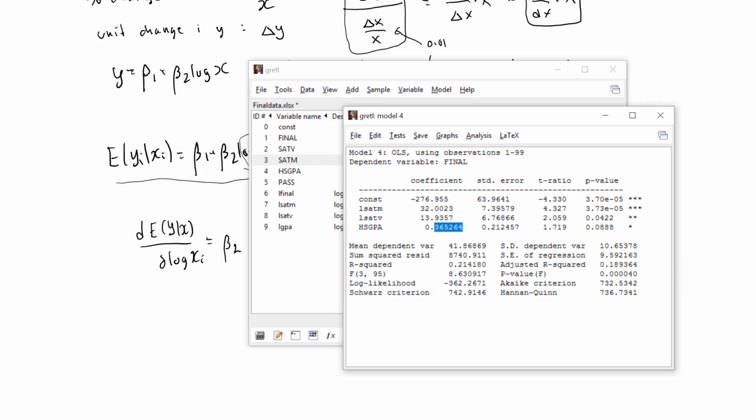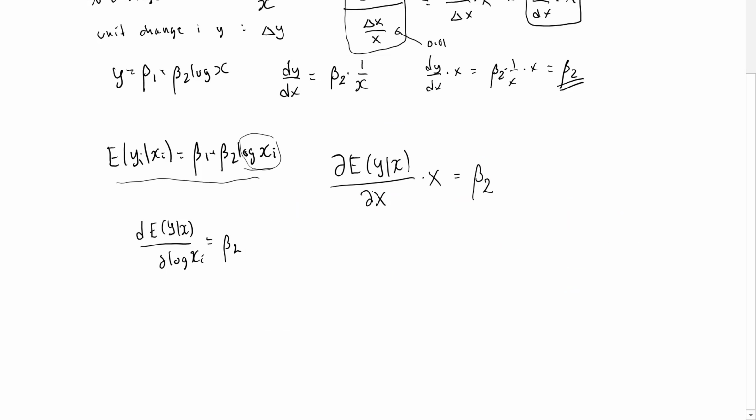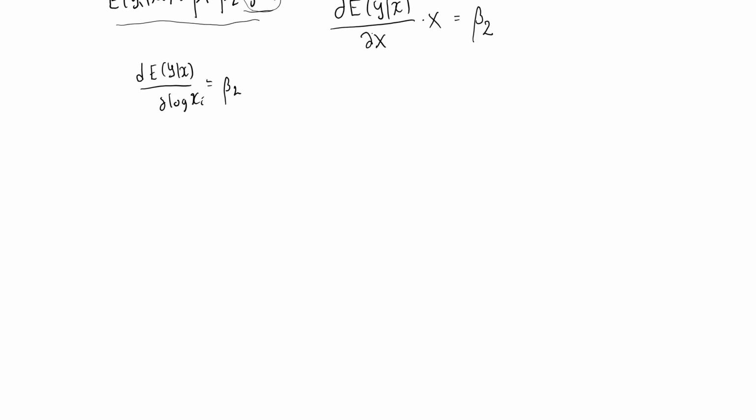Finally, this model is sometimes called the linear log model because we have linear things on this side and log on that side. So we basically have 4 types of models. We have the most common one, the log-log model, which looks like this: log yi is beta 1 plus beta 2 log xi plus epsilon i, and of course you can have more explanatory variables.